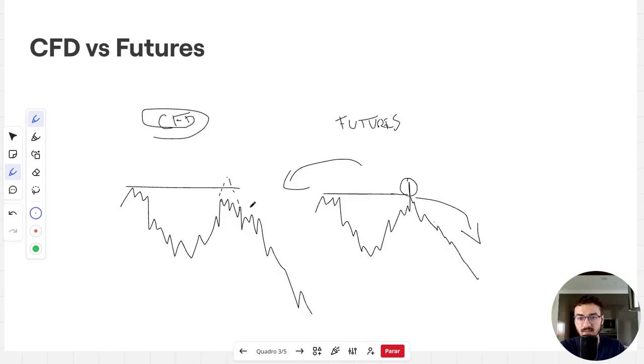Maybe you could have adapted to this price action right here and taken a position, knowing that futures just did a clear sweep of liquidity and went down from it. So it's a matter of adapting, and it's a matter of looking at the futures chart and seeing what has actually happened with the price action.